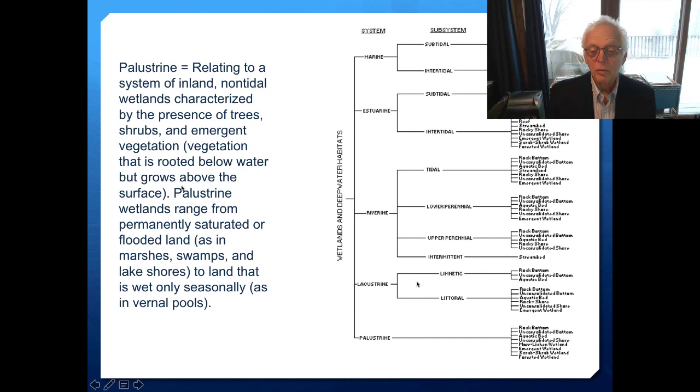Under the lacustrine system, you can have a subsystem that would be limnetic, having to do with the lake, or littoral, having to do with the fringing vegetation, and then within each one of those you'll have various classes. In the lacustrine littoral, there would be a class of rock bottom, aquatic beds, rocky shores, unconsolidated shore, and emergent wetland.